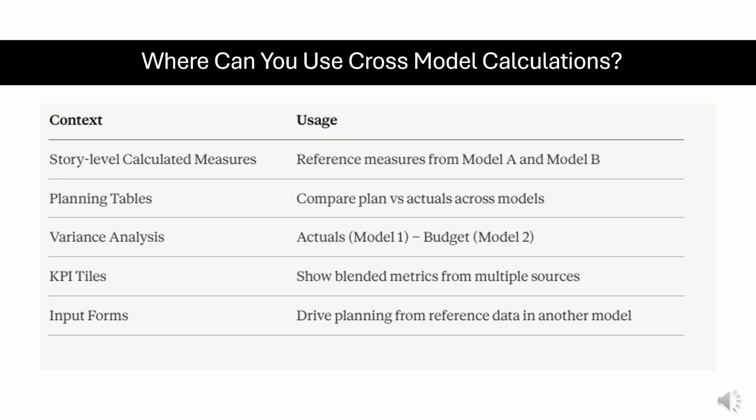Another major use case is variance analysis, for example, subtracting budget from actuals where each lives in a different model. You will also see cross-model logic in KPI tiles and planning input forms, where a planner might need to reference data or driver values stored in a separate model. So understanding where and when to apply this is a key part of any SAC developer or analytics role.